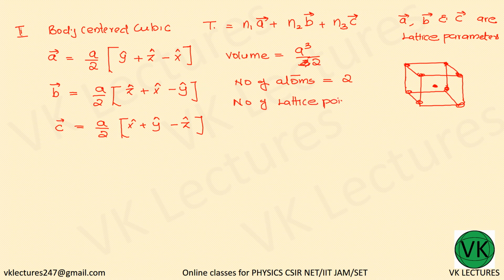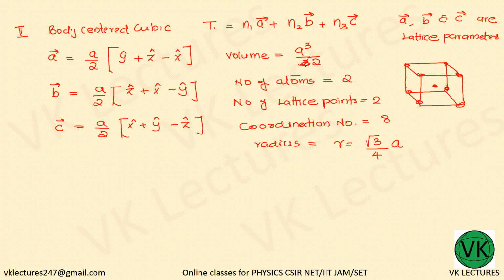Number of lattice points or number of atoms are the same, and the coordination number is equal to 8, and the radius of this atom is given by r is equal to root 3 by 4 times a, where a is the lattice constant.